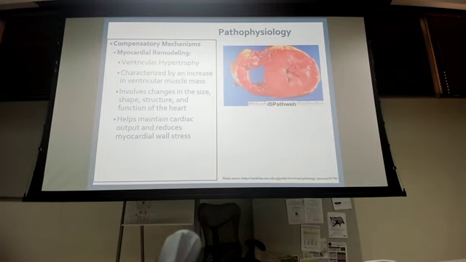So what we want to do is reverse or slow the remodeling, not just treat the symptoms. We want to affect morbidity and mortality, but we also have to treat the symptoms.